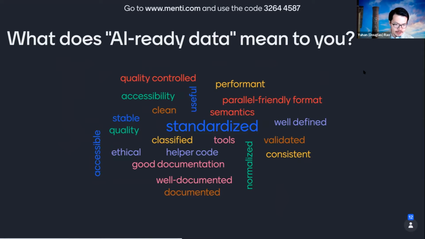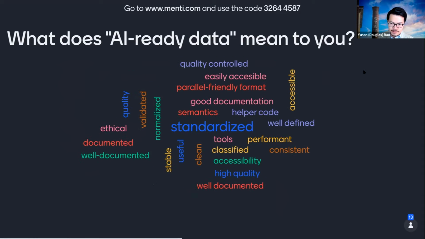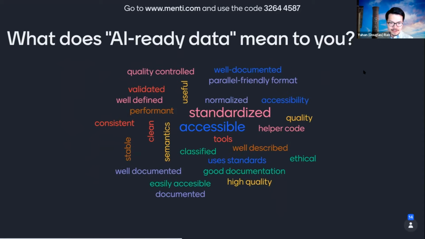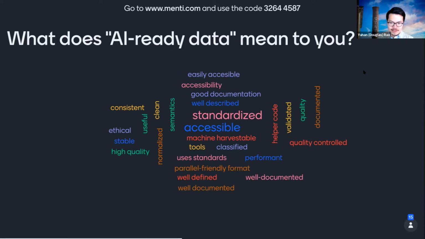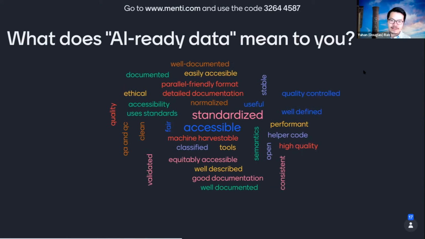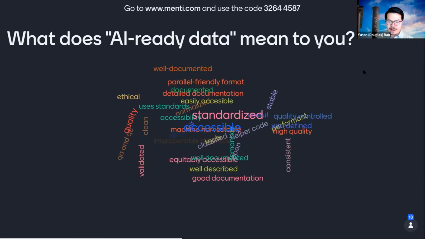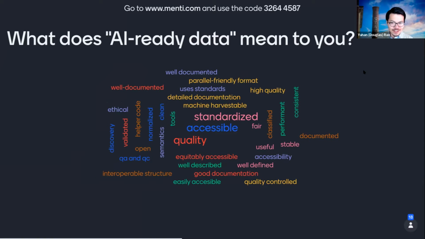Tools, helper codes, documented. I think documentation came up several times. Validated, ethical. I really want to emphasize that one, which is something of my personal interest as well. Quality, high quality. This switching back and forth about the directions is making my head turn.